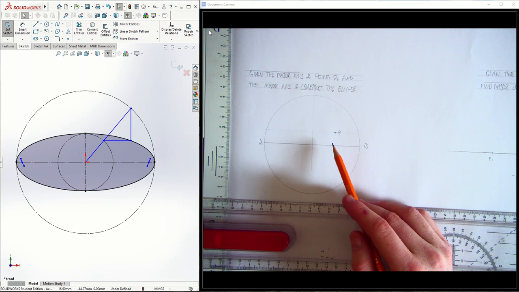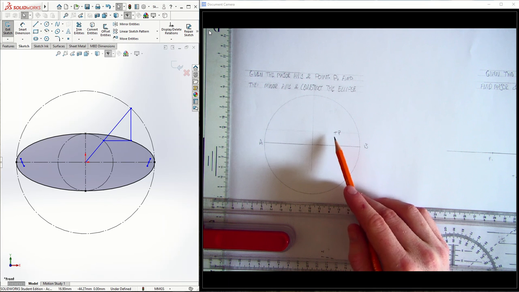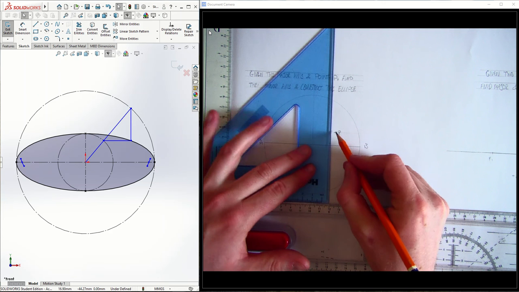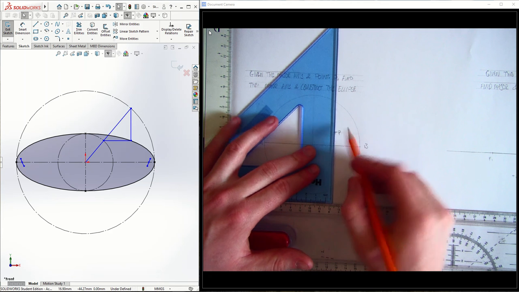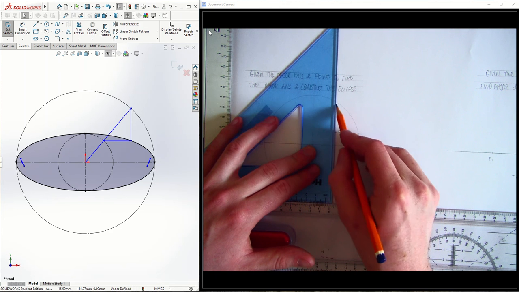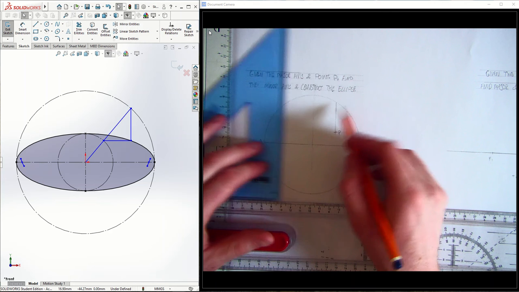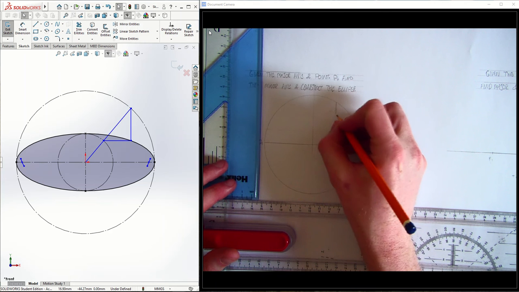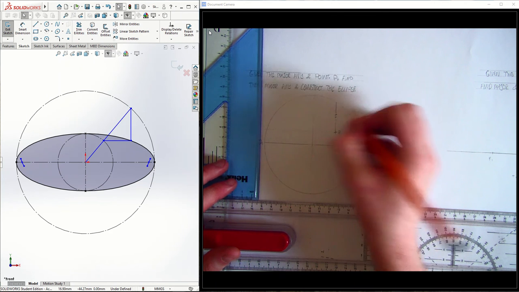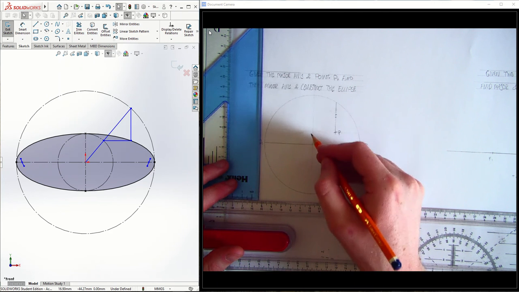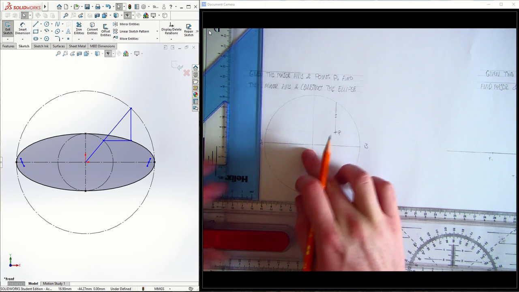From point P, we're going to use the concentric circles method, and we're going to reverse it in order to find my minor axis. From my point P, I bring a line parallel to my major axis, going inwards like this, because I know my minor axis is going to be this way.